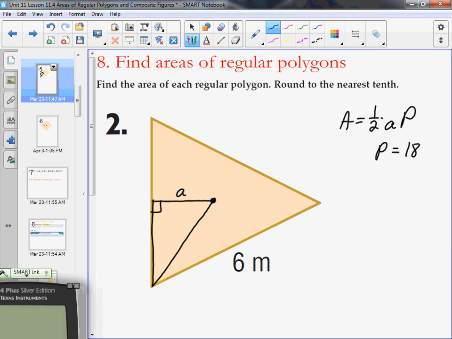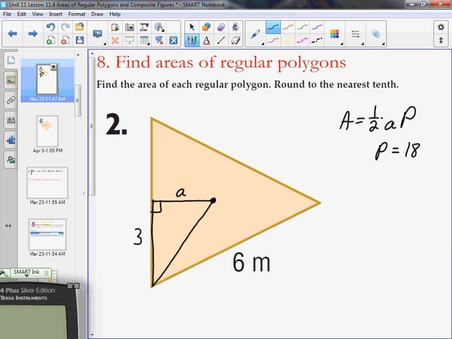So if I've drawn in that apothem that goes from the center of the circle and is perpendicular to the chord, besides being perpendicular to the chord, what else does it do to the chord? It bisects it. So, since each side of our regular triangle is 6 meters, and this side gets bisected, that's 3 meters right there, isn't it?